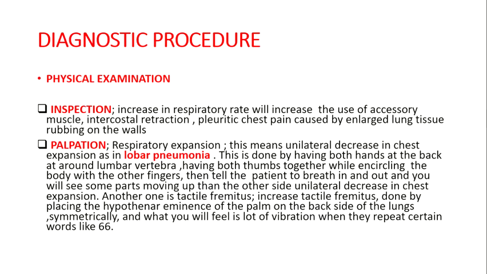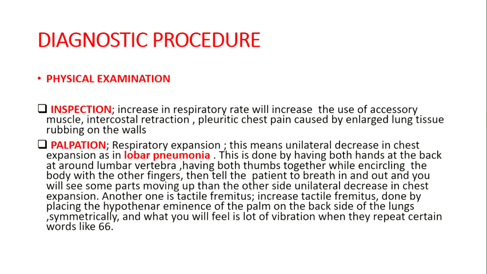You will notice that there will be no symmetrical movement. One side will be retracted while the other side will be moving. There will be no symmetrical movement of your hands, because one side will be moving up while the other one will be moving slowly.